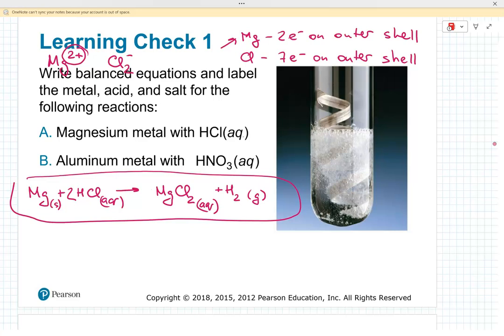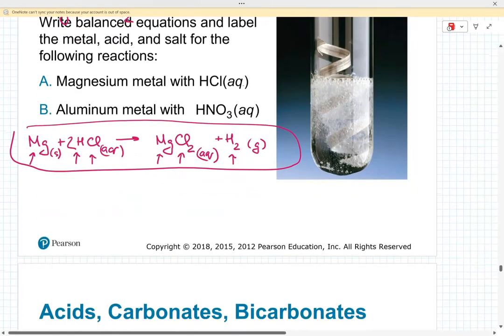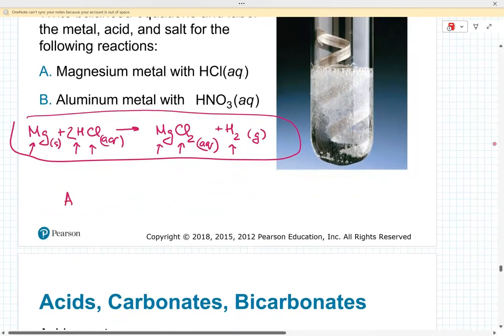At this point, you don't need to look at the periodic table. How many magnesiums are on the left? 1. On the right? 1. How many hydrogens are on the right? On the left? 2. And chloride checks out as well. Sounds good? Okay, awesome.